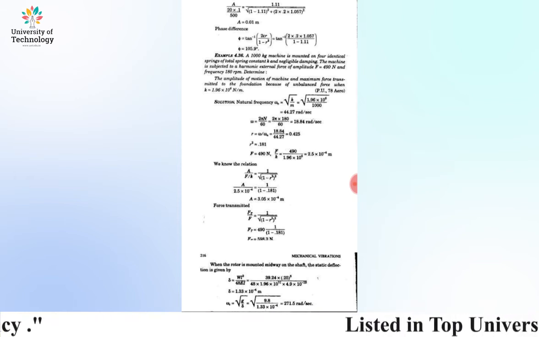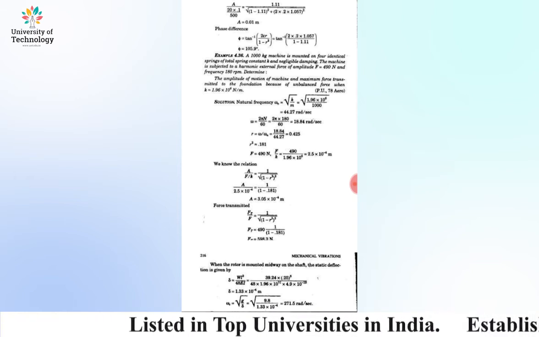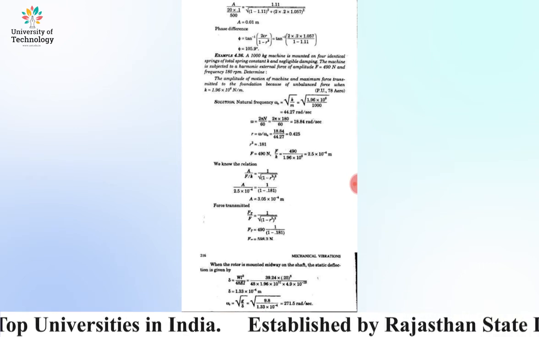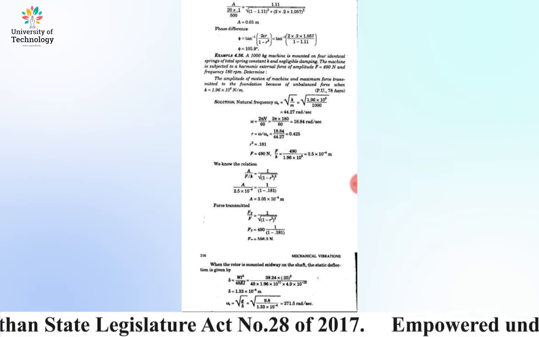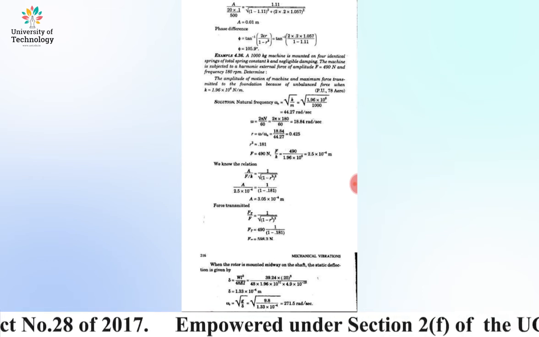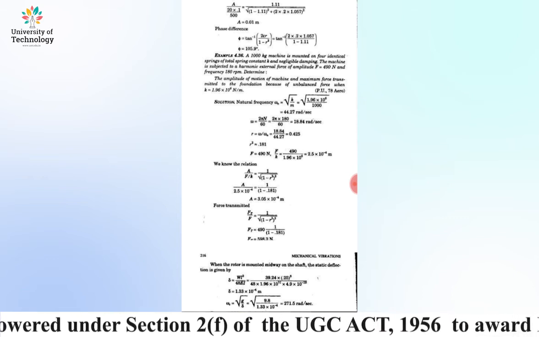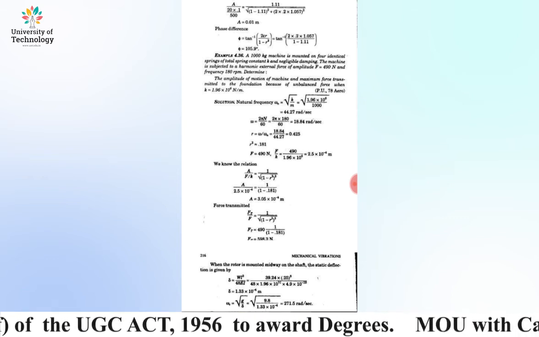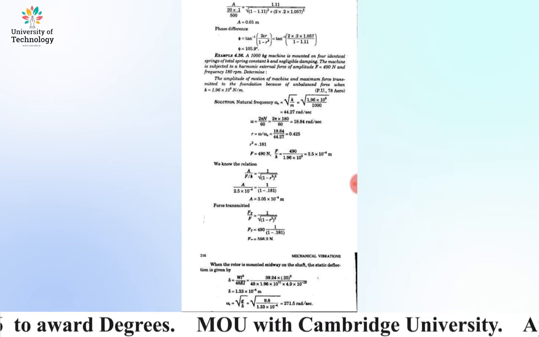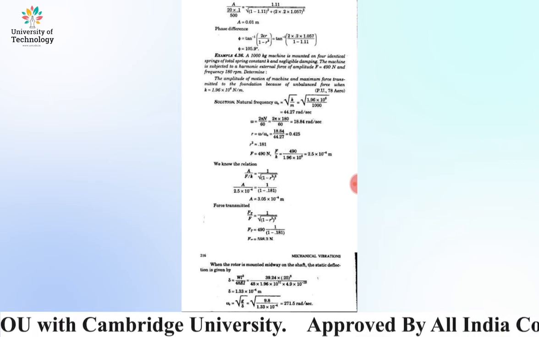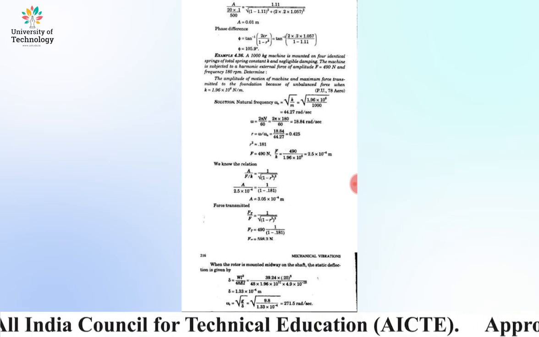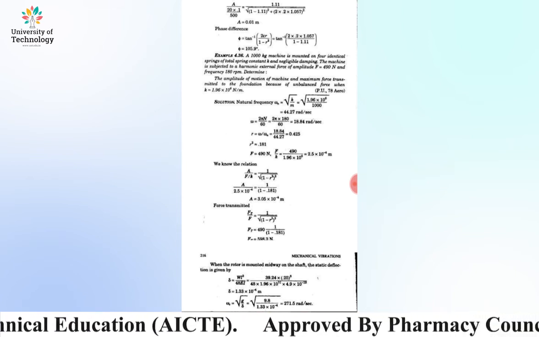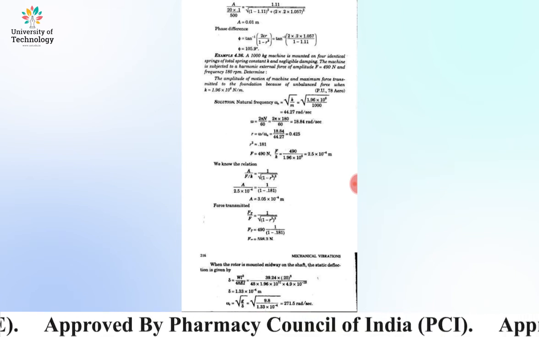The value of n is equal to 180 rpm, and omega is equal to 18.84 radian per second, and the ratio of omega and omega n, r, is equal to 0.425, and the square value of this, r square, is equal to 0.181.